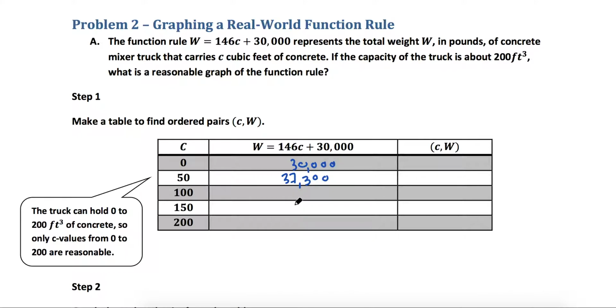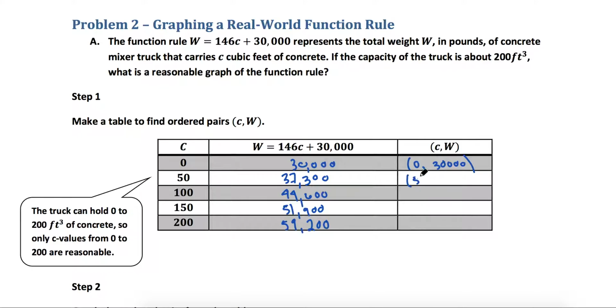We plug in a value of 100, we get 44,600. If we plug in 150, we get 51,900. And if we plug in 200, we get 59,200.